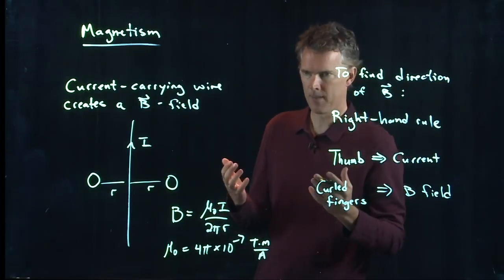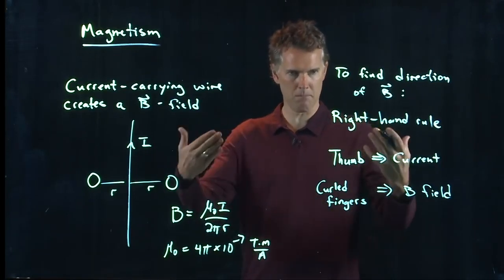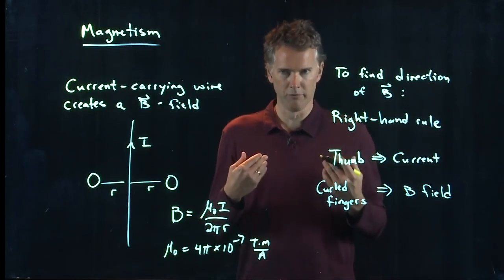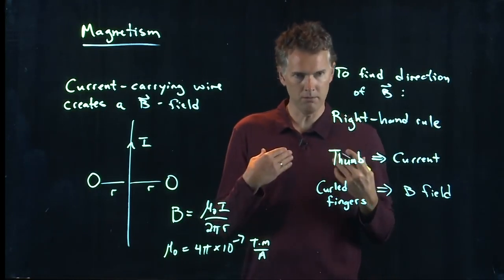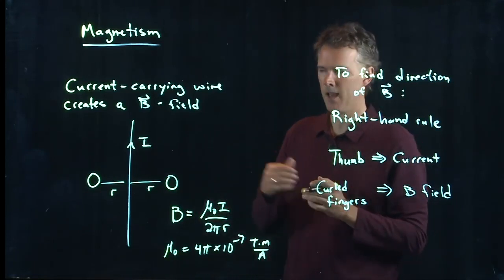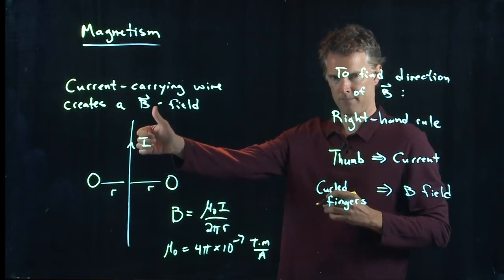Let's try it. Hold up your right hand, okay? And remember, when you're looking at me here through the glass in my live studio audience, it's going to get a little confusing. So don't look at me. Look at the monitor over there. Okay? Hold up your right hand and put your thumb in the direction of the current. Okay?